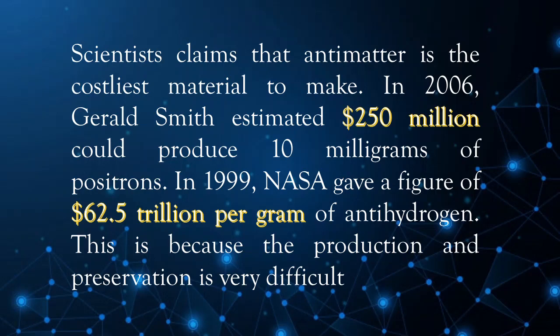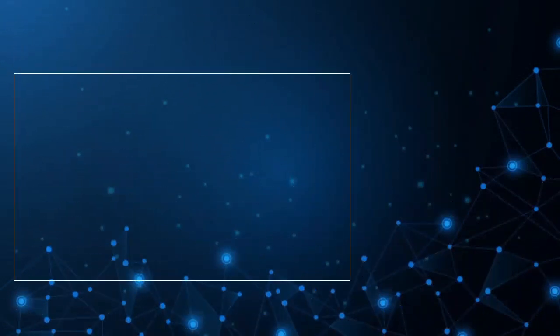This is because production and preservation is very difficult, and because we are surrounded by matter, and matter and antimatter immediately annihilate each other. The most powerful nuclear weapons can convert 7 to 10% of their mass into energy, while matter-antimatter collisions convert 100% of their mass into energy.